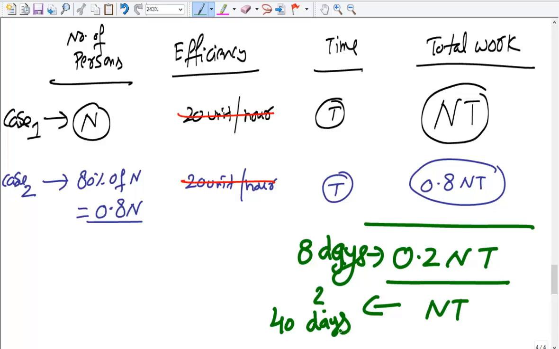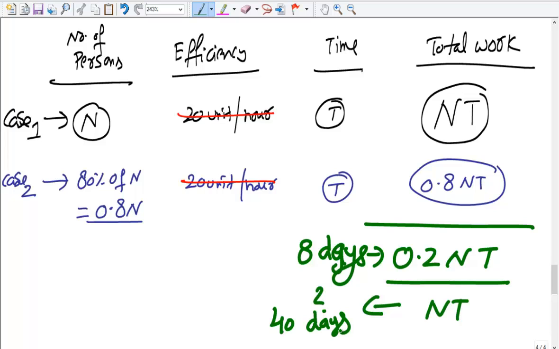We still have no idea about the number of people, but we can easily calculate the total time required when all the people started working together. That's very easy. What I've done is, I've taken case 1. In case 1, I've taken the number of persons which is unknown, that's n, and the time taken is t. Total work is nt. In case 2, 20% of the people have left after 8 days.